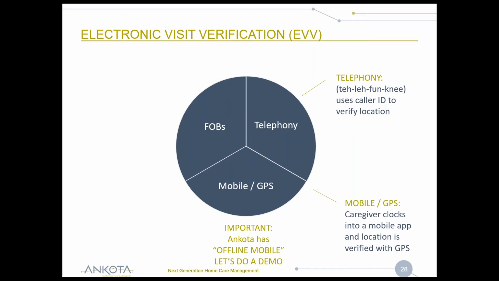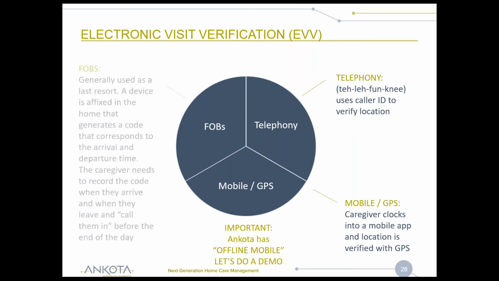We will do a demo of this in a second, but I will mention fobs. So fobs are, and I have a picture on another slide, a way that if the client doesn't have a home phone and the caregiver doesn't want to use their mobile phone, you could put a device in the home. This little device keeps track of the arrival time and the departure time by pushing a button and getting a secret code off of the device.